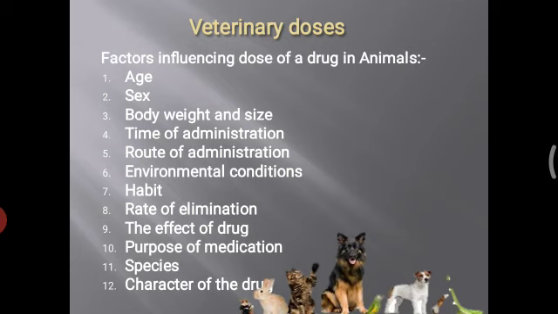Next factor is the species. The dose of drug varies from species to species. The dose of drug for a cow will be different from horse, sheep, pig, cat. Opium is a narcotic, even then it produces excitement in horse and cattle, but it shows narcosis in dog.